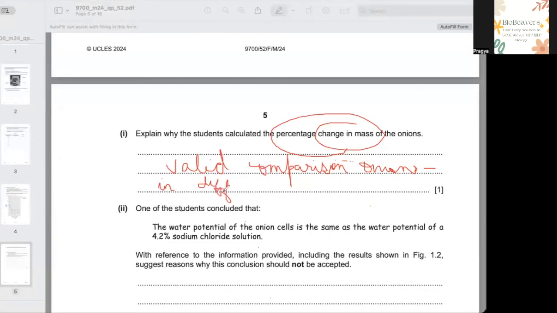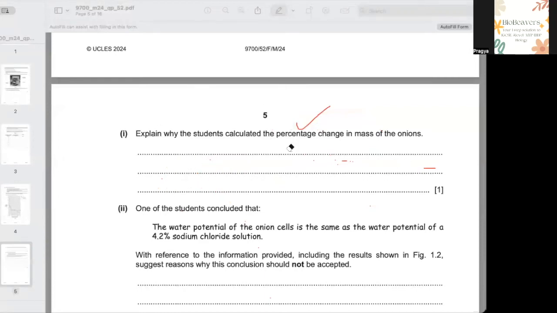It can cause you to lose a mark. Rather, just write down it allows for valid comparison. Percentage change, graph, taking a mean. Please make sure you use these words of valid comparison right here. Okay. So there's this one mark, which is clear.